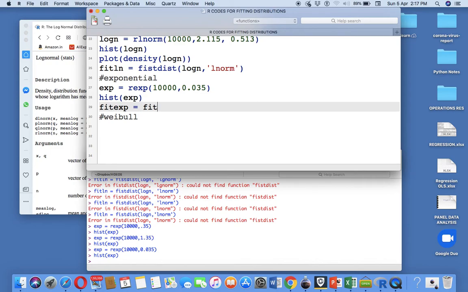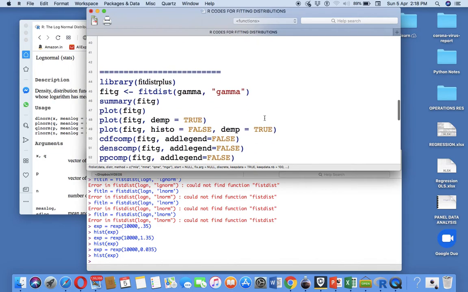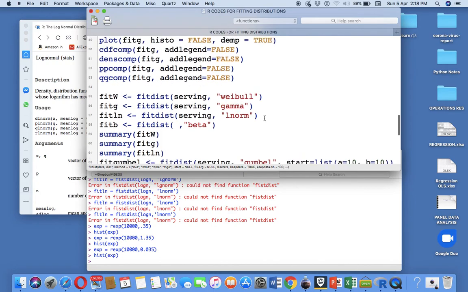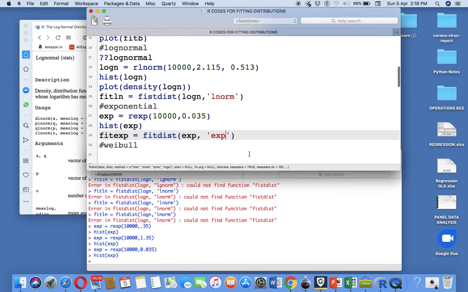So effective DISP, fit distribution, data is EXP, and the thing is called... I'll just check if that is right. No, I do not have an exponential distribution. We'll just try.